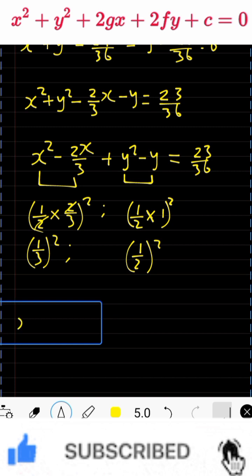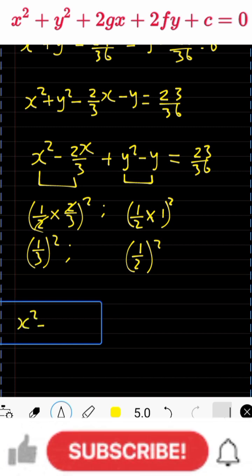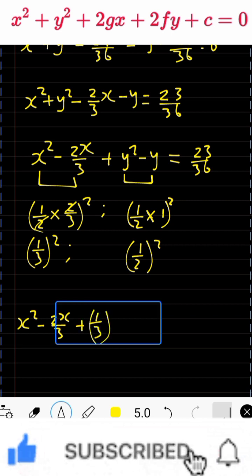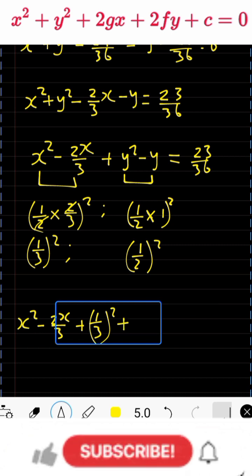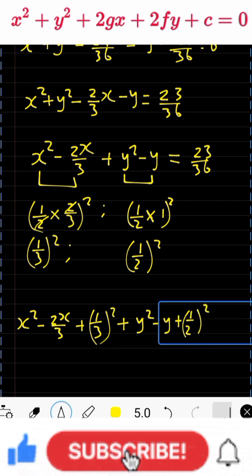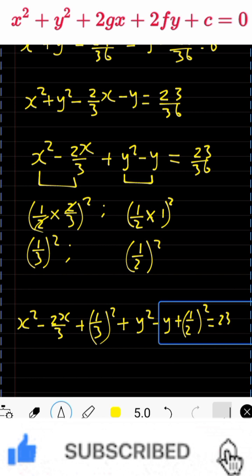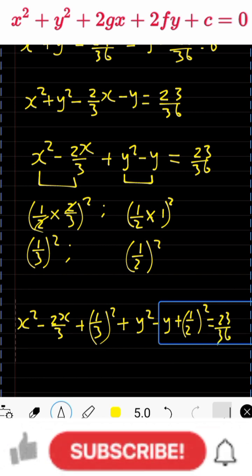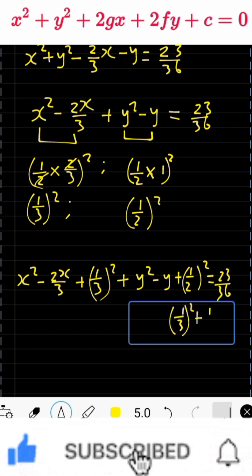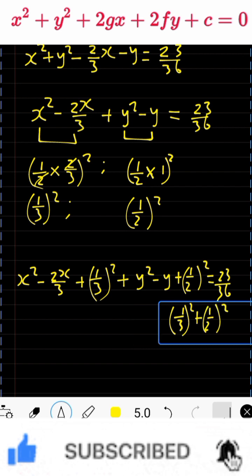We are going to have x squared minus 2x over 3, then plus 1 over 3 squared, then plus y squared minus y, then plus 1 over 2 squared is equal to 23 over 36. But don't forget, plus 1 over 3 squared, then also plus 1 over 2 squared.